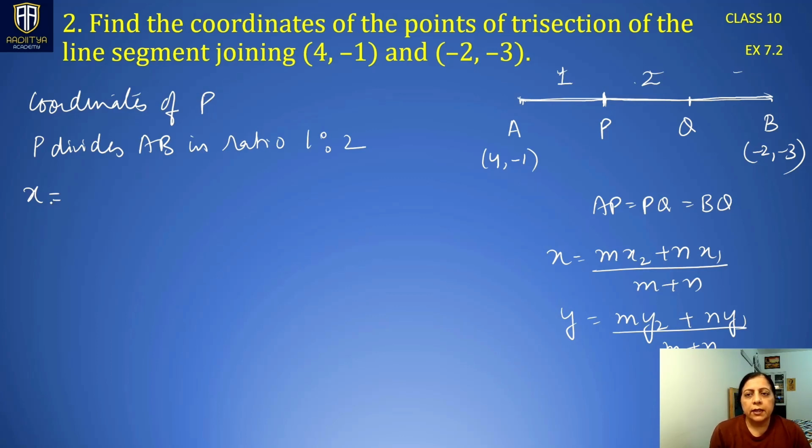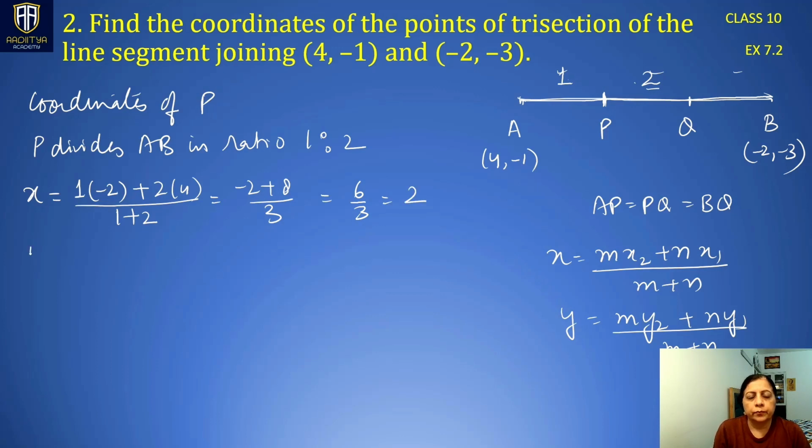So we have x is equal to, now 1 gets multiplied by -2, and 2 gets multiplied by 4, over 1 plus 2. This is -2 plus 8 upon 3, which is 6 by 3, that is 2.